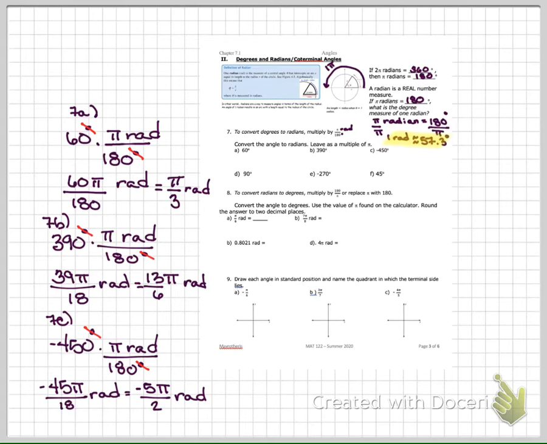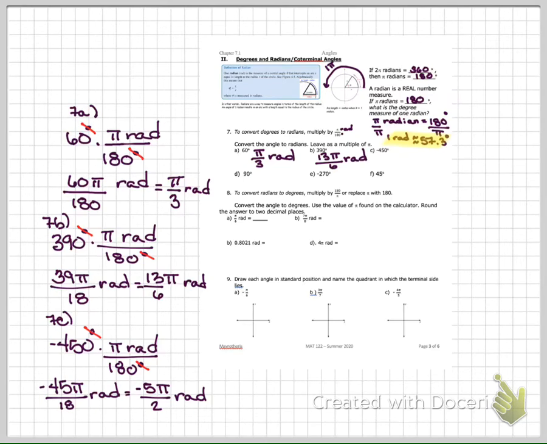Okay. And so if you take a look at the PDF of the notes, you will see these listed. Work is a little neater. Okay. So, fill those in here. 60 degrees was pi over 3 radians. 390 degrees, 13 pi over 6 radians.